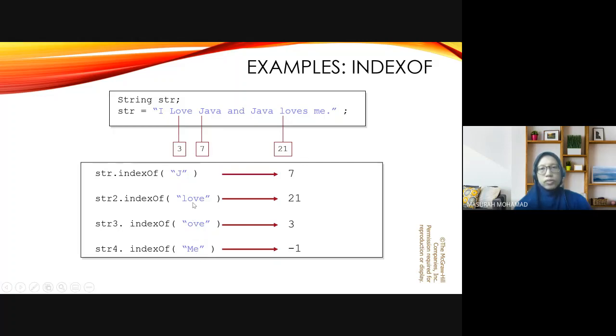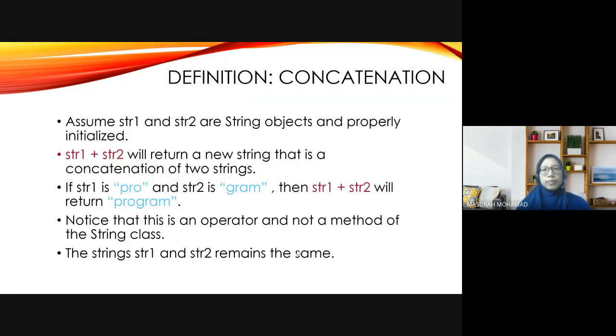Such as "love", it will return the index of L. Same goes with "of" and "me". So why did it return -1 for "me"? Because there is no uppercase M here in "I love Java and loves me". So it returned -1.